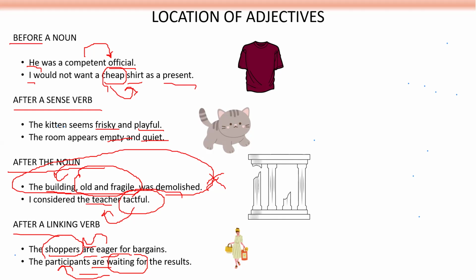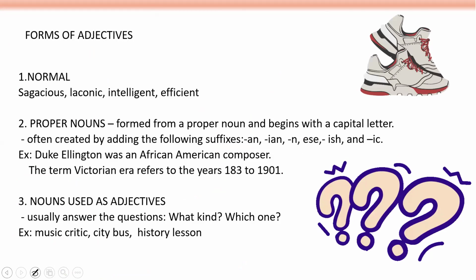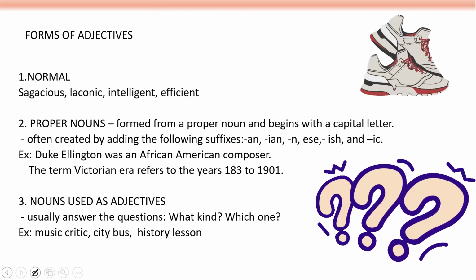Now let's talk about our next topic. Still, we're going to talk about adjectives, but now we're going to talk about the forms. We're done with the locations. Now we're going to talk about the forms. The first form is the simplest one. It's the normal form. Okay?